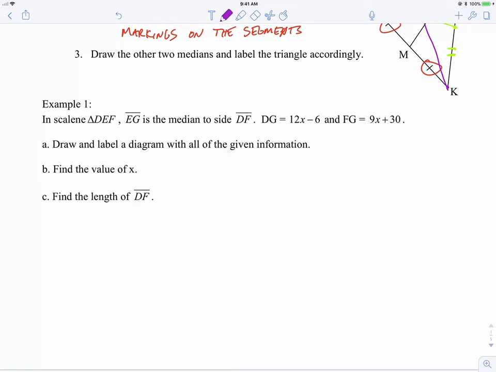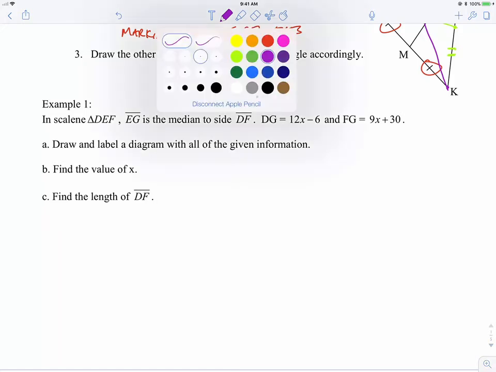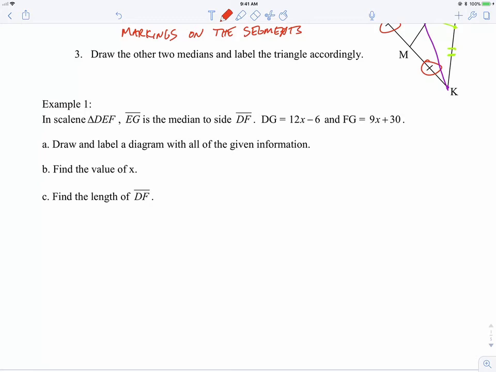So in example 1, in scalene triangle DEF, EG is the median to side DF, DG is 12x minus 6, and FG is 9x plus 30. Draw and label a diagram with all of the given information. So we got our triangle here.